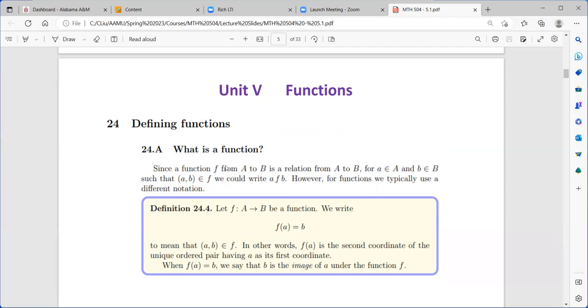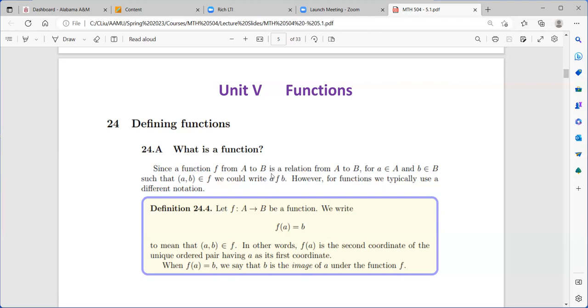Okay, so the other thing is the notation for relations. If you still remember how we write relations, for any pair in a relation, we just write the first coordinate, which is from the first set, and then R, representing the relation, and then b, which is from the second set.